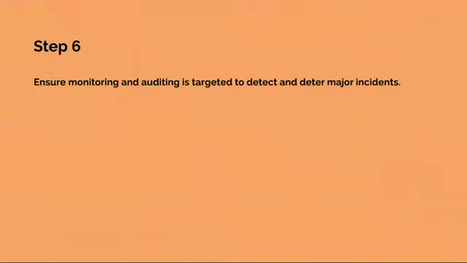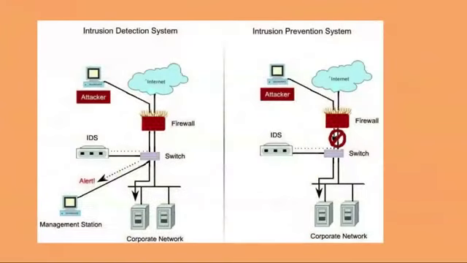The sixth step is to ensure monitoring and auditing is triggered to detect and deter major incidents. In addition to gathering evidence for later use in court, evidence sources can be monitored to detect threatened incidents in a timely manner. This is directly analogous to an intrusion detection system, extended beyond network attack to a wide range of behaviors that may have implications for the organization.